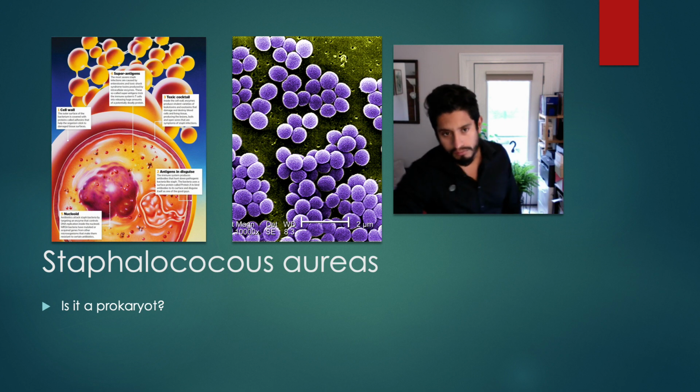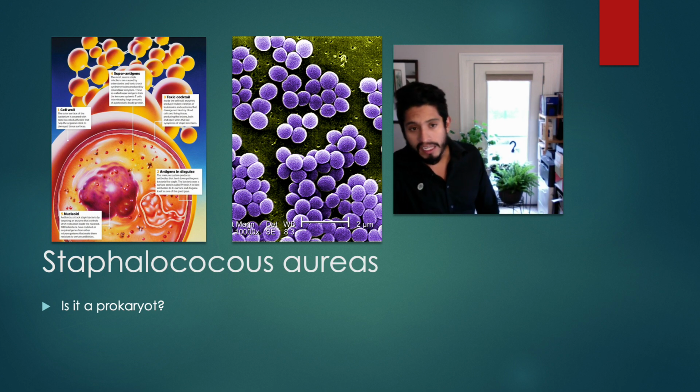Now, the reason that you're seeing that it's purple is because Staphylococcus aureus is gram-positive, which means when you dye it and then put it under a microscope, it changes its color to purple, so you can contrast it against the background.